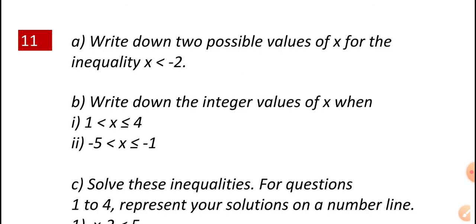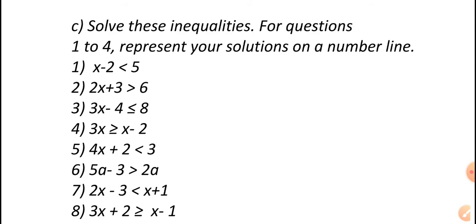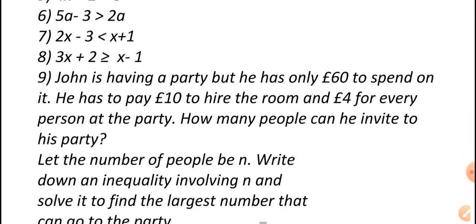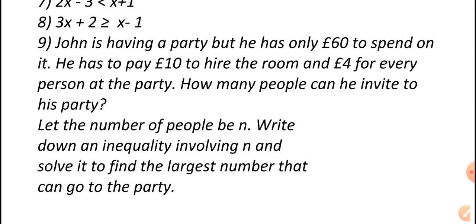After you've done A and B, you can try question C. So question C 1 to 8 is there, and then this is question 9. Question 9 is more of a word or a scenario based question. So I'd like you to try those questions by yourself, and then I will explain it in the next clip.